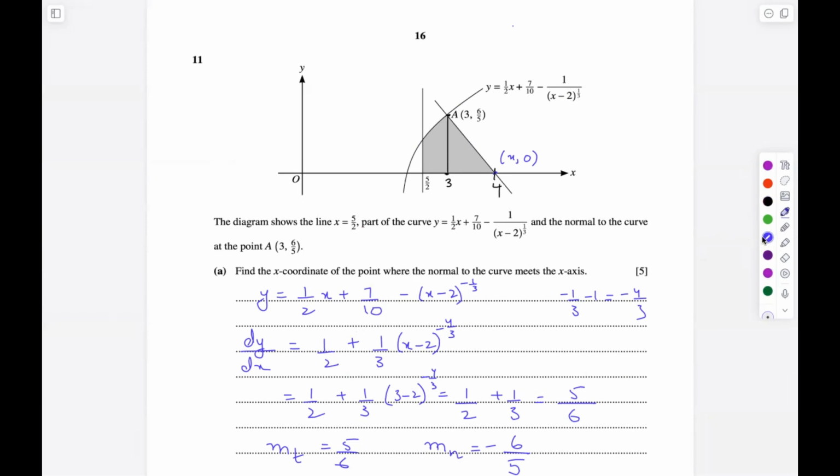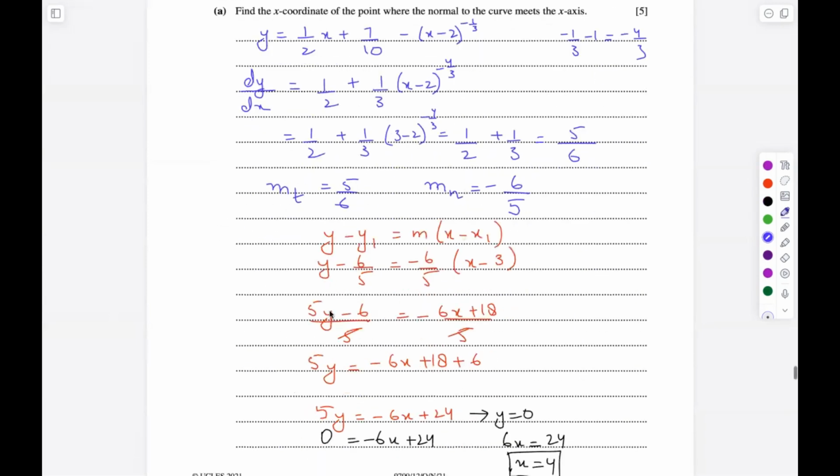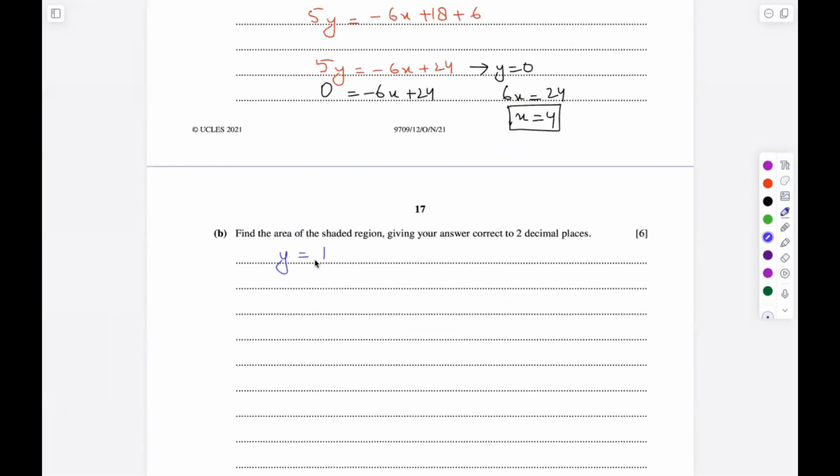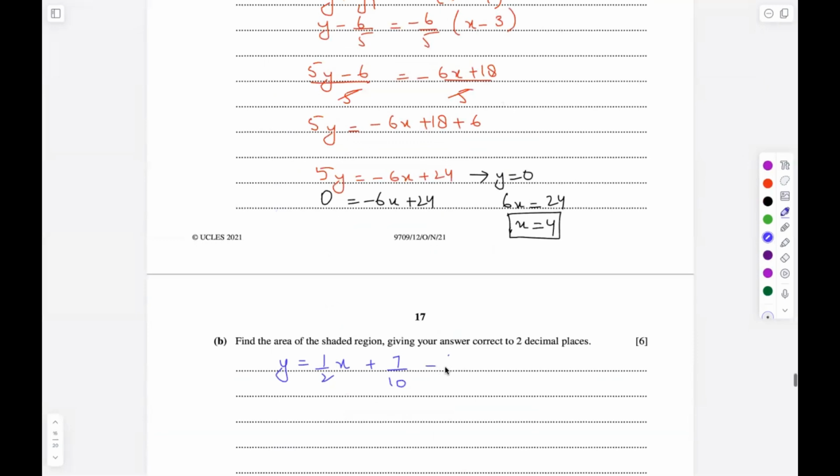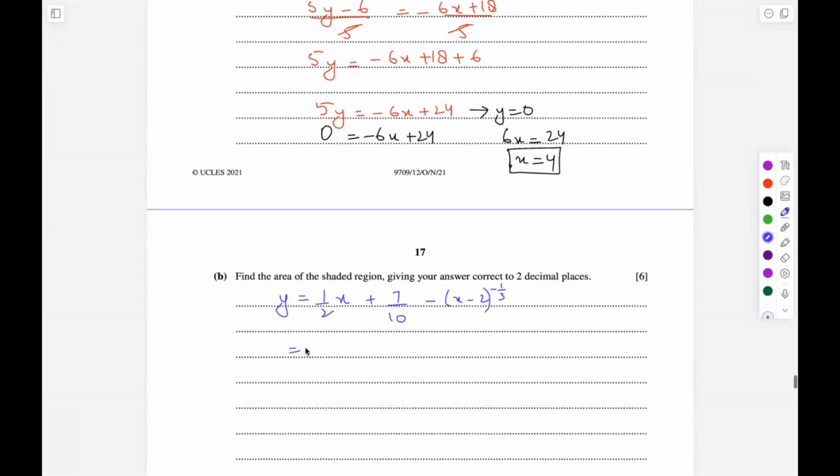Now, first finding the area under the curve, the equation is y equals 1 upon 2 x plus 7 upon 10 minus 1. So we can bring (x minus 2) to the power minus 1 upon 3 in the numerator. Now integrating to find the area, integrating 1 upon 2 x becomes x squared upon 4, as we increase the power and divide by the new power.